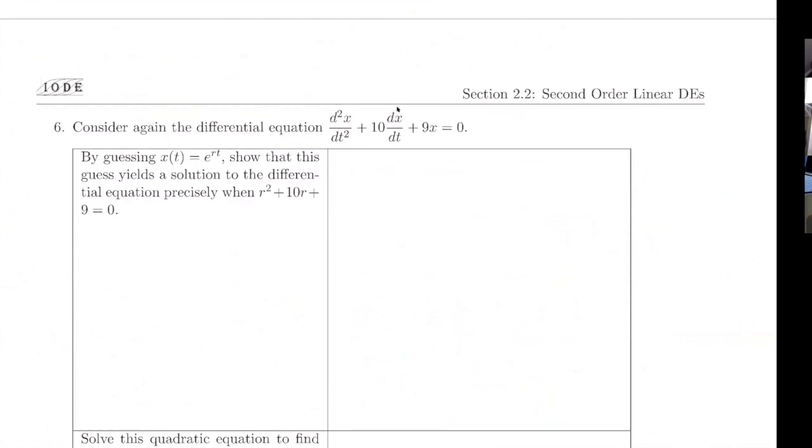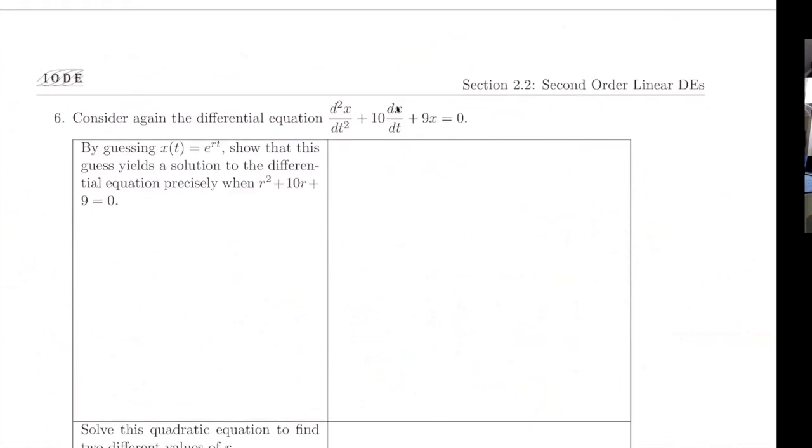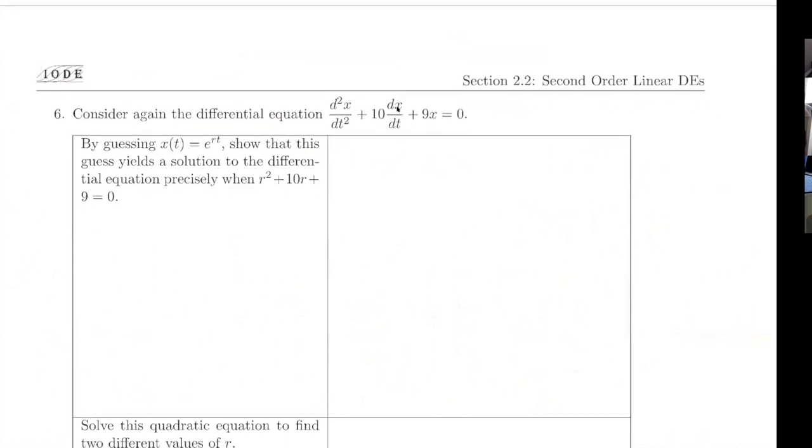So let's map out the steps here so we've got a general process. I've got a differential equation. Here is the example that we just solved. We wouldn't, in practice, go through it by randomly guessing things. We would say, I know that my solution is going to look like this.